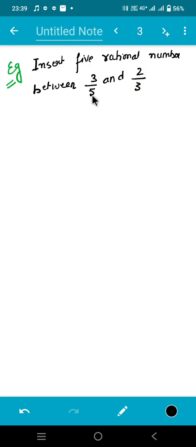Now you see both the rational numbers have different denominators, students. Now this is a very important question, but at the same time very easy.